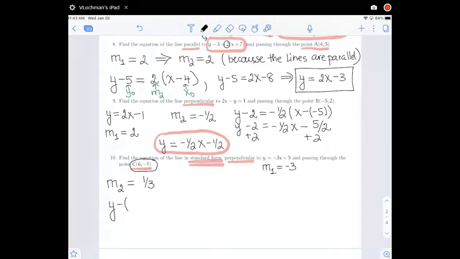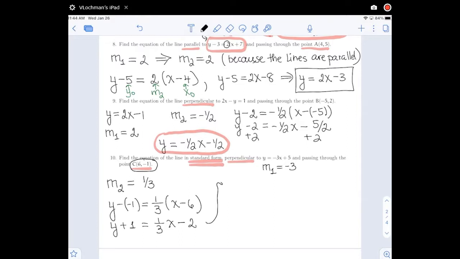Y minus -1 is equal to 1/3 times x minus 6. Okay, that's our setup. Now let's go ahead and simplify this. So this is y plus 1 equals 1/3 x minus 2.